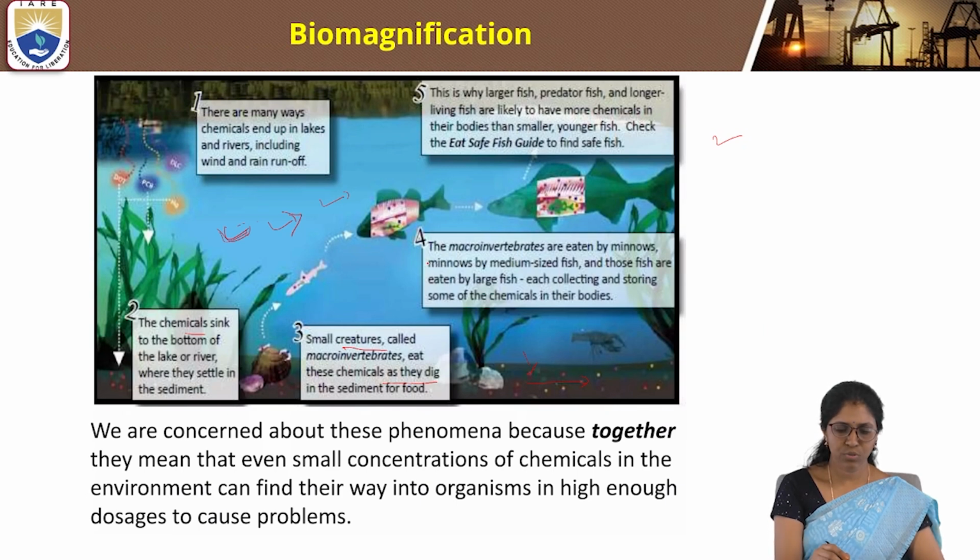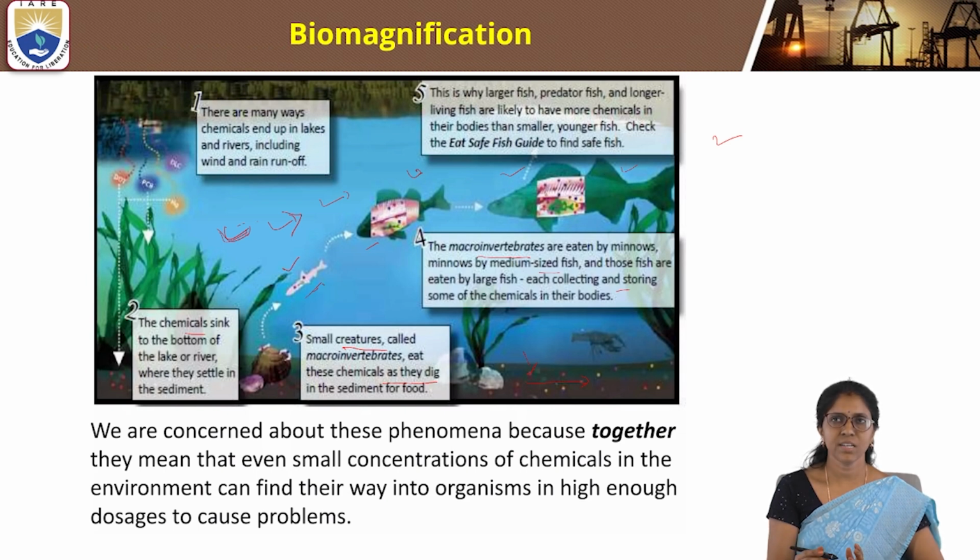In the fourth step, the macro invertebrates, the small creatures, are eaten by minnows, which are medium-sized fishes. After that, these are eaten by medium-sized fishes, then large fishes. At each step, small fish collect contaminants, medium fish also collect contaminants, and large fish also collect contaminants from the medium fishes.